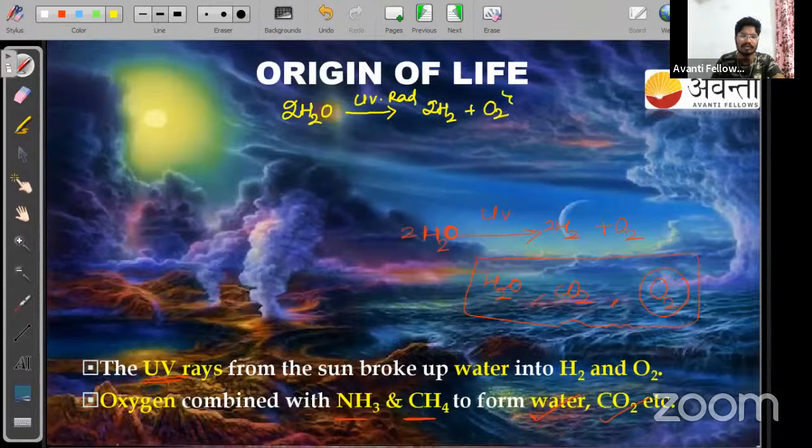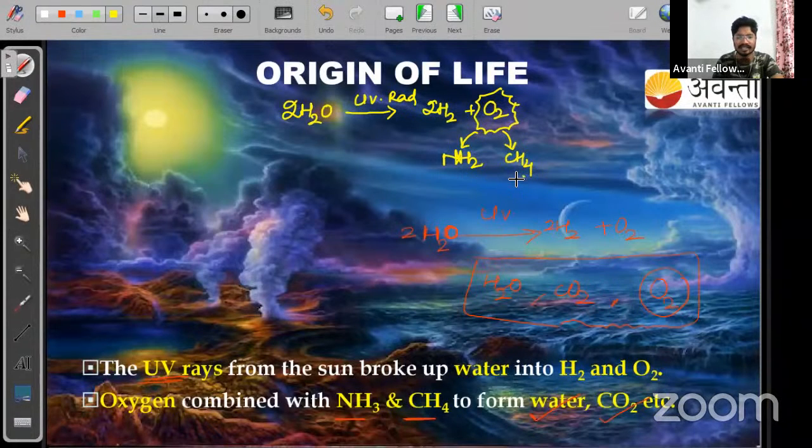This evolved molecular oxygen got bound with other things, with carbon and other things, and it bound with NH3 and with CH4, I mean ammonia, then methane.